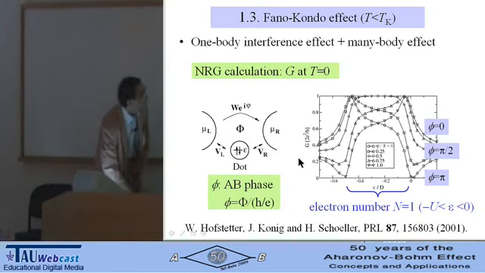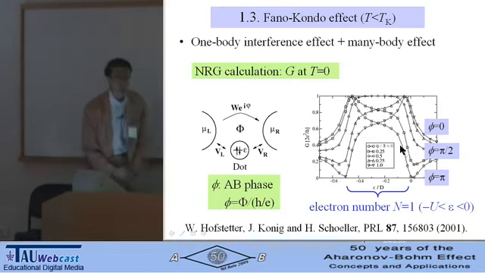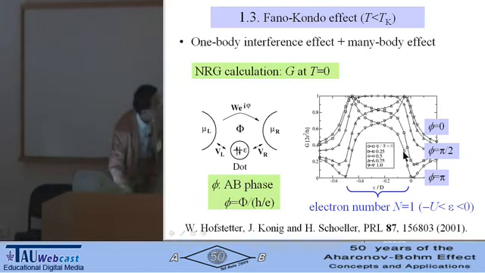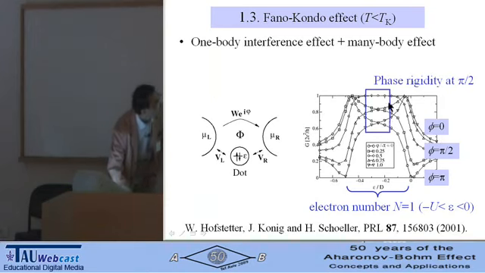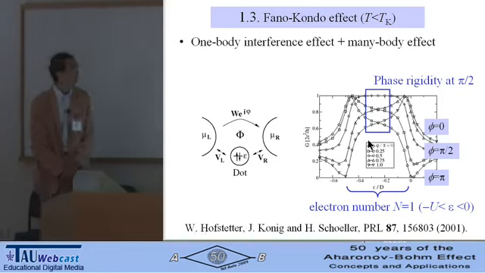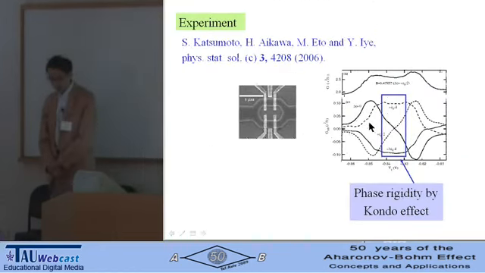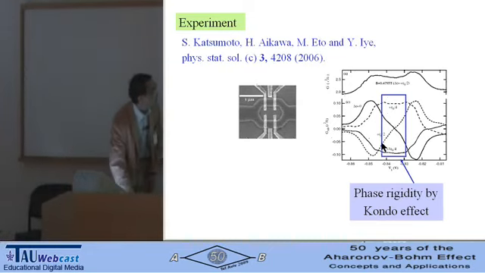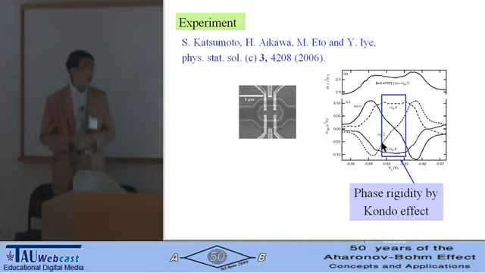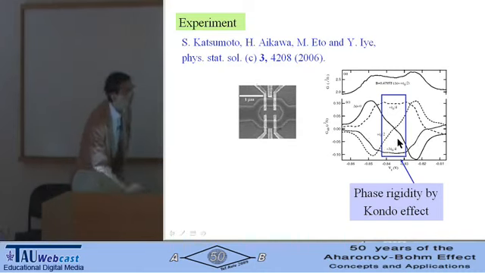And the conductance shows a Fano-like shape depending on the magnetic flux inside the quantum dot. But in the Kondo region, reflecting the phase rigidity at half of pi, the change of the conductance becomes slow. A similar result has been observed experimentally. So in my talk, I will discuss this Kondo effect in detail.